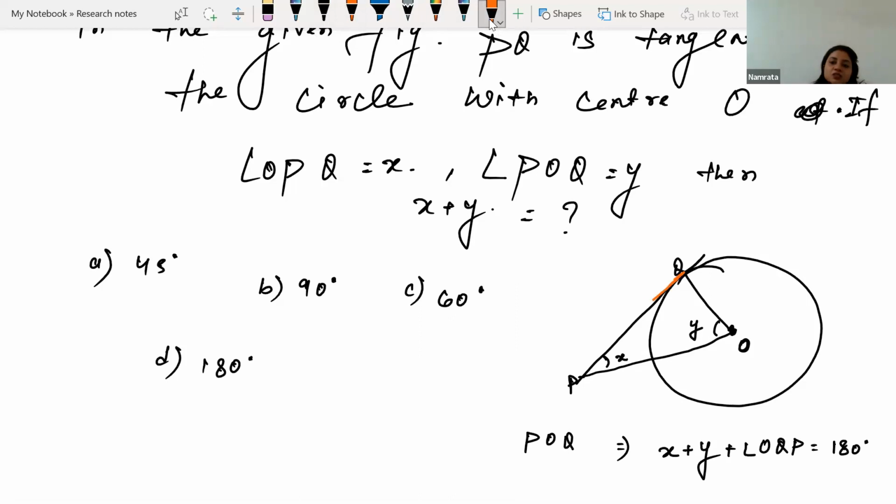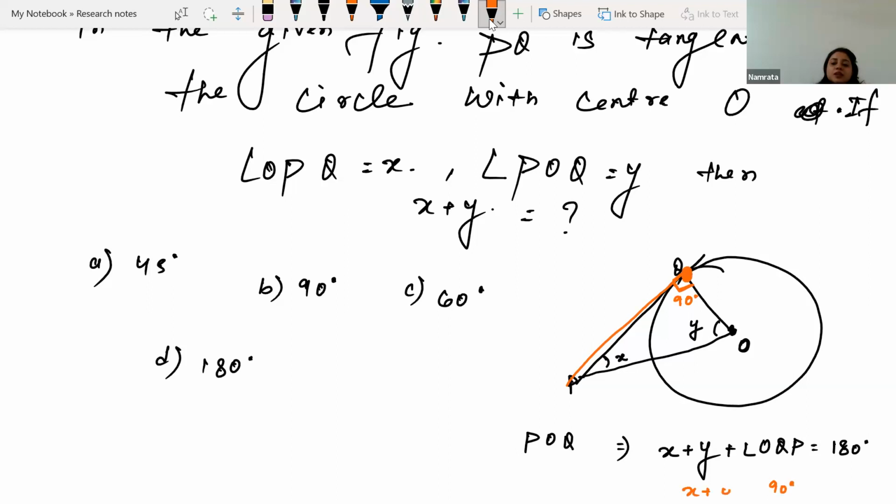This is a point of contact Q, and at the point of contact, when we join the radius, it will make what angle? 90 degree, right? So let's substitute the value over here, 90 degree.